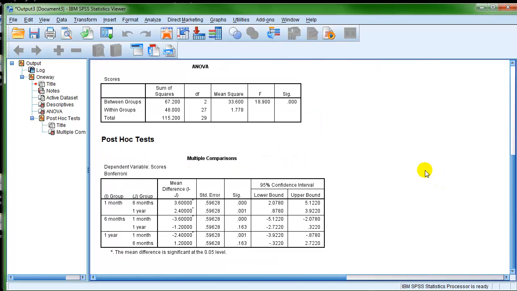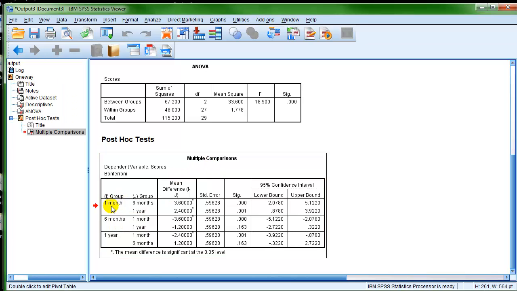Okay, and then if we scroll down to the outcome, our post hoc tests, you'll see that these are the multiple comparisons. Right here, you're comparing group 1 to group 2, and the mean difference is 3.6, and that is statistically significant. Okay, and you see that little star right there?